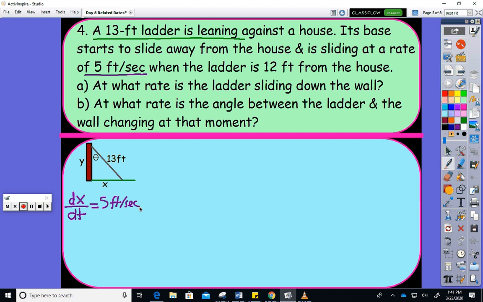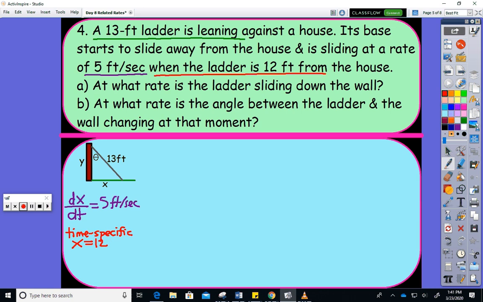All right, so it says when the ladder is 12 feet from the house. So when the ladder is 12 feet from the house, that's time specific. So I'm going to say we've got a time specific quantity, which is x equals 12.